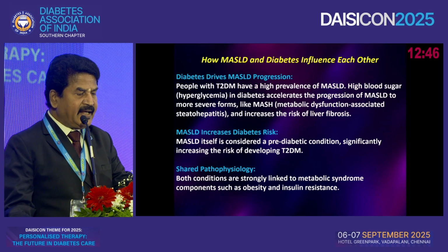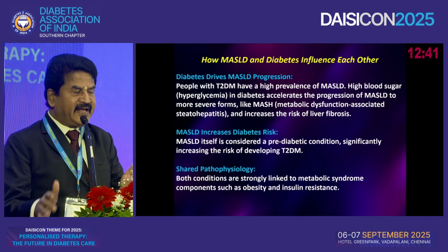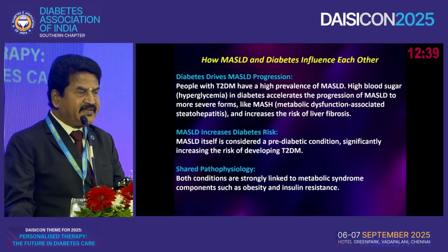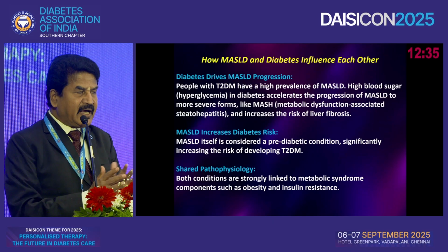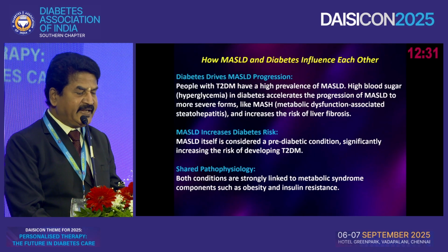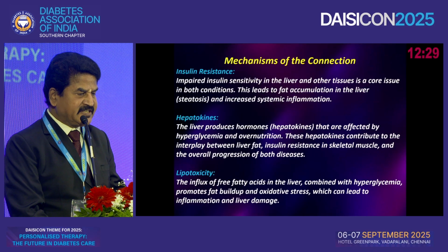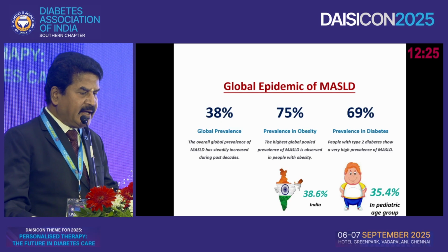Whereas MASLD increases diabetes risk because it is itself considered a pre-diabetic condition, significantly increasing the risk of developing type 2 DM. So both the conditions are strongly linked to metabolic syndrome components such as obesity and insulin resistance. So it is a global epidemic.